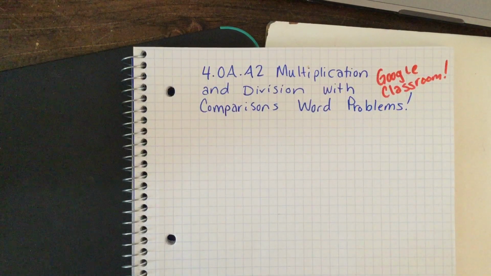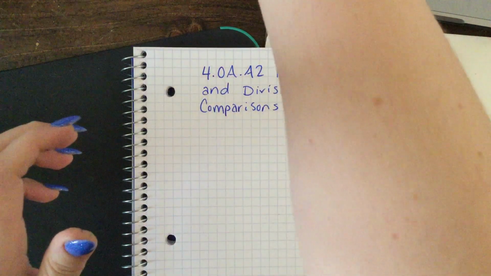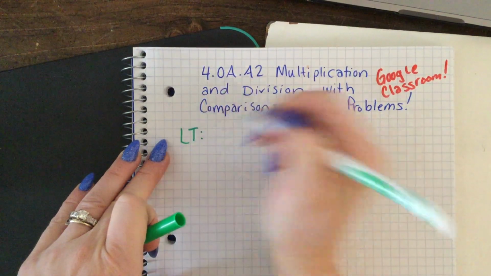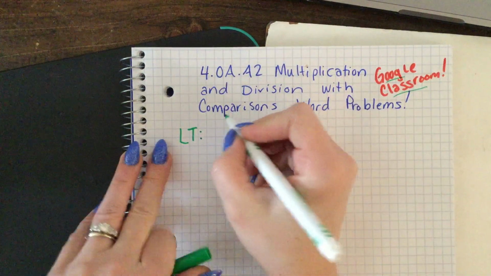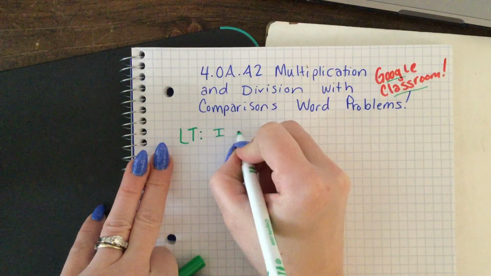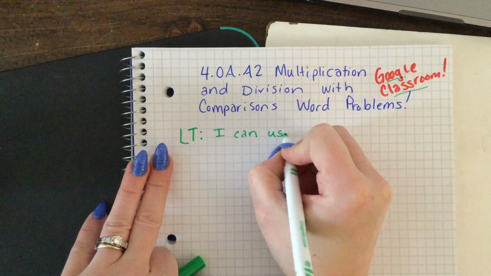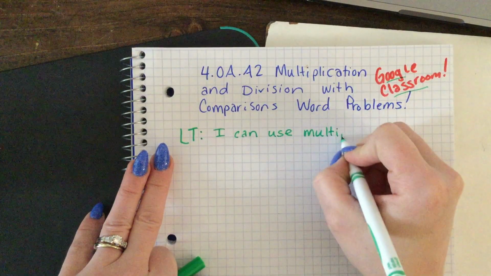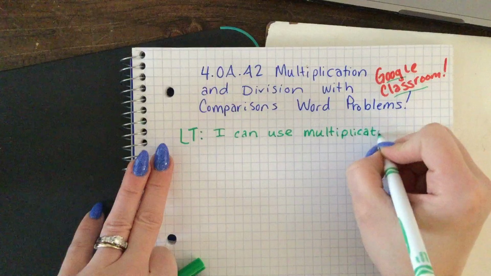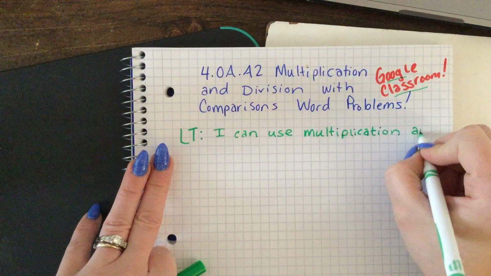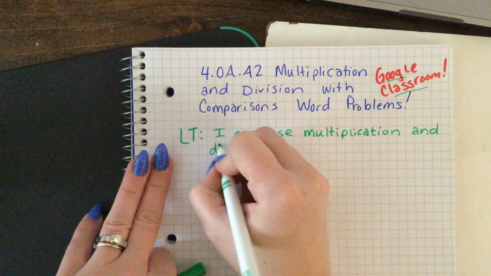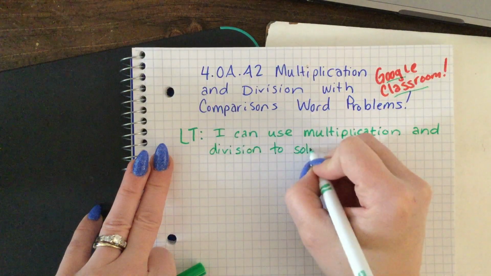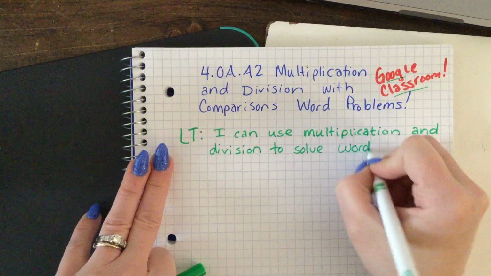So for this assignment, our learning target, which again you can find in the Google Classroom, is: I can use multiplication and division to solve word problems.